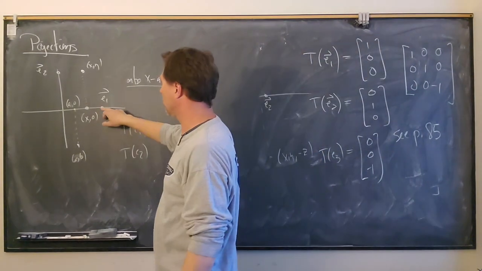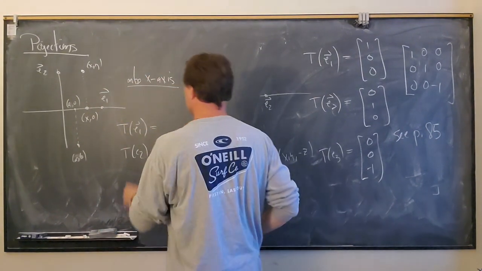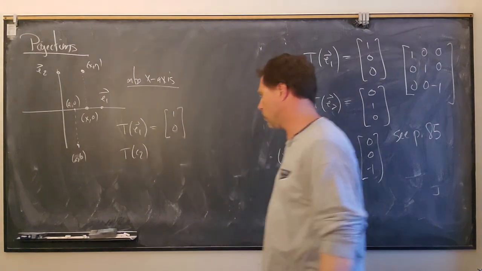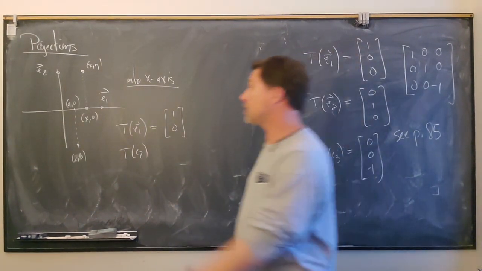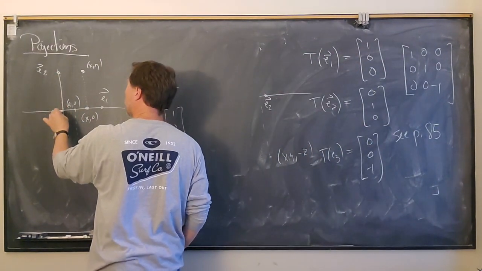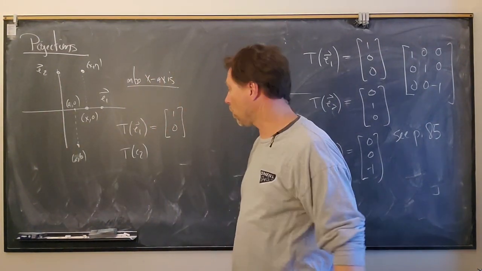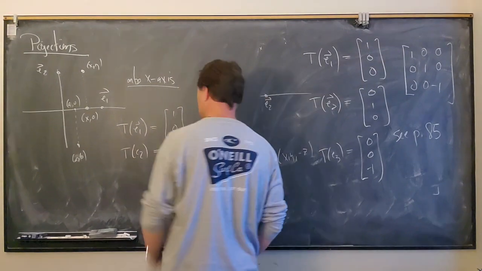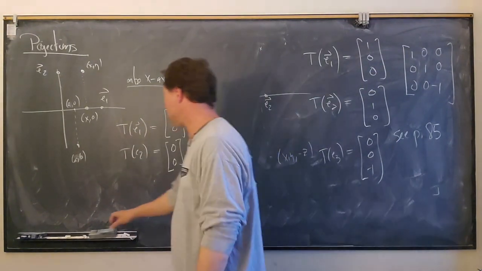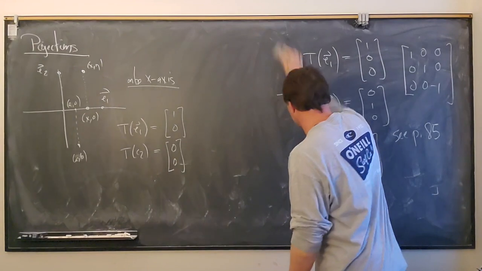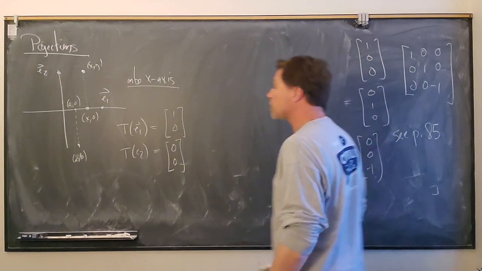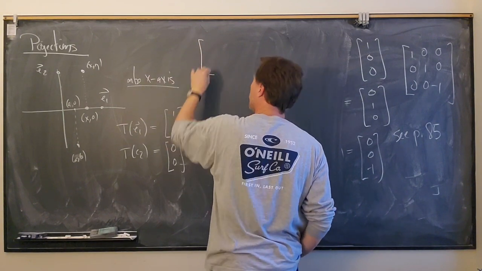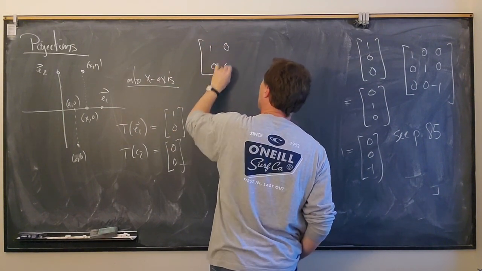If you're sitting here, projection onto the x-axis does nothing. T of E2 gets taken down onto the origin, so T of E2 is the vector 0, 0. That means that the matrix corresponding to projection onto the x-axis looks like this. First column 1, 0, second column 0, 0.